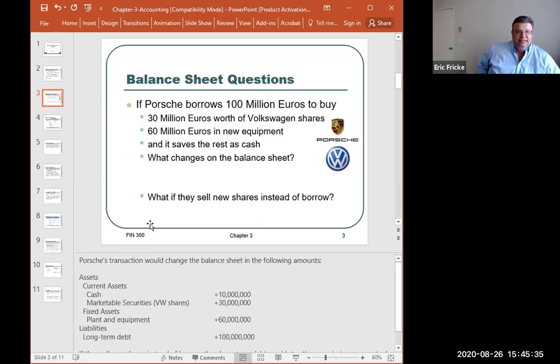Fixed assets are things that typically have a life greater than a year, and you very often would depreciate them because they might lose value over time. Does that answer your question?